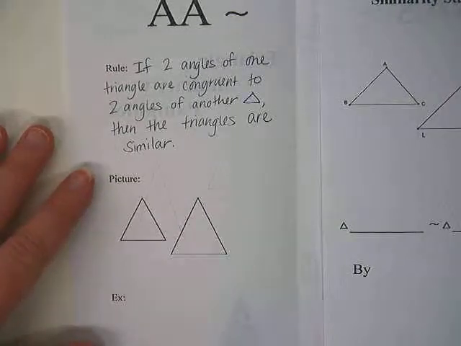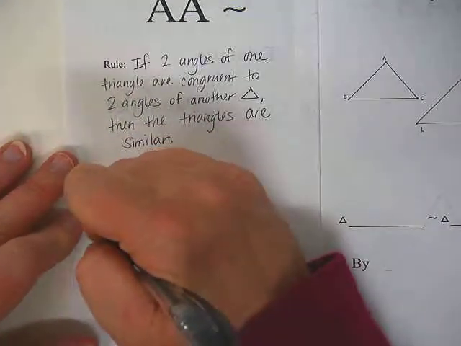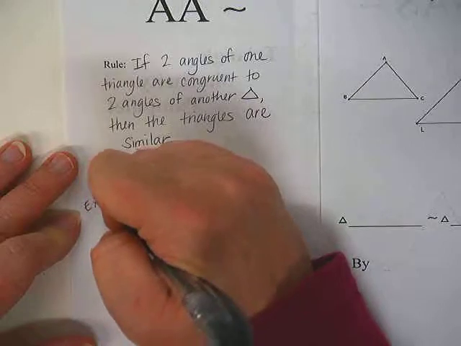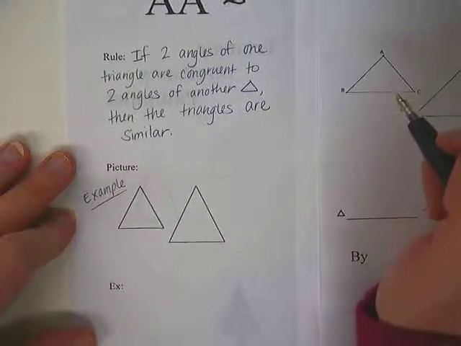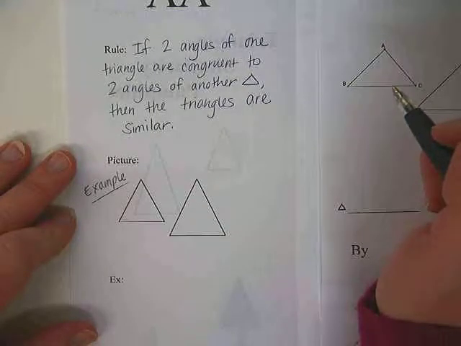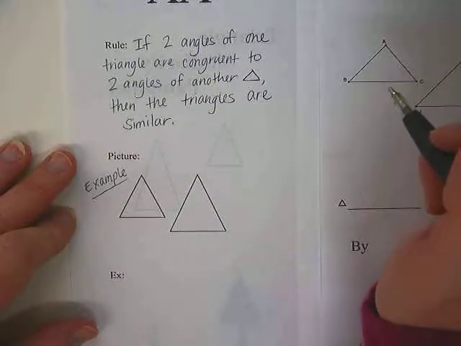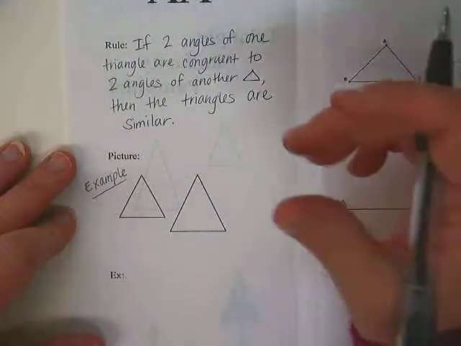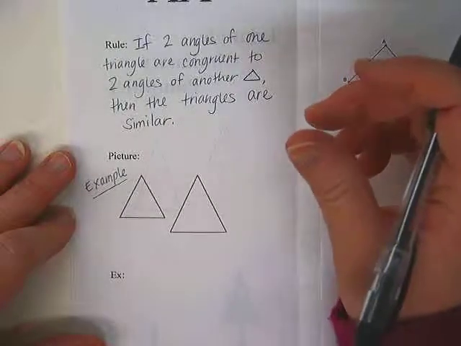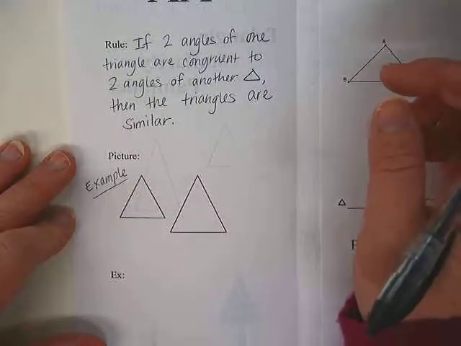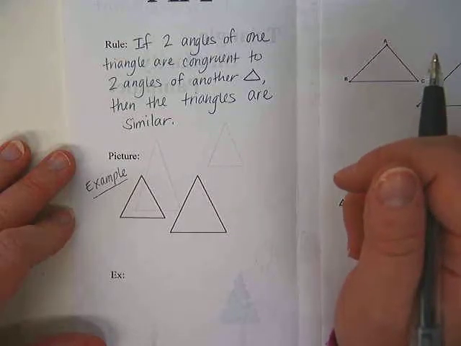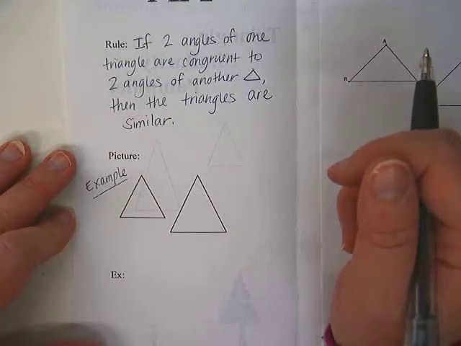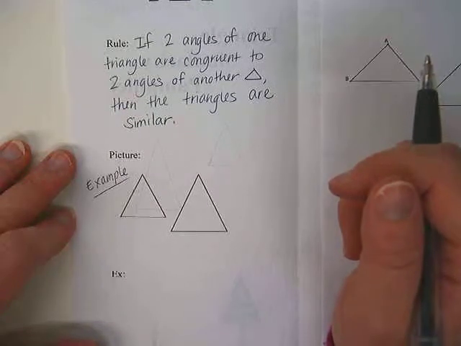Why do you think it's only 2 angles and not 3? In geometry, we like to use as little information as possible. So 3 angles would be great, but 2 angles is enough. Any ideas why 2 angles is enough?